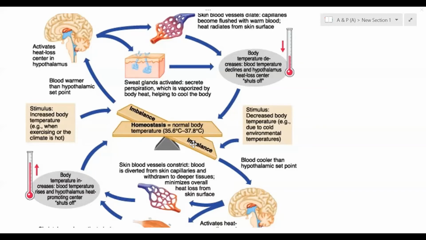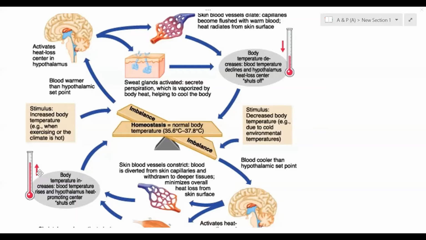Now, if you can see over to your left side, and I hope you can see my cursor moving around, when the temperature goes up too high, our thermoreceptors, the sensors we spoke about, pick up the change in the temperature of the body.